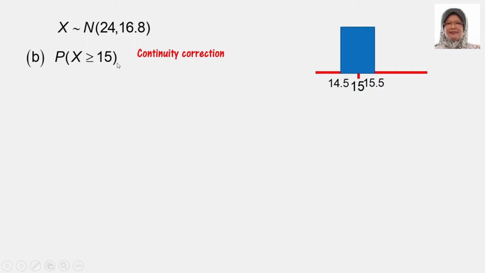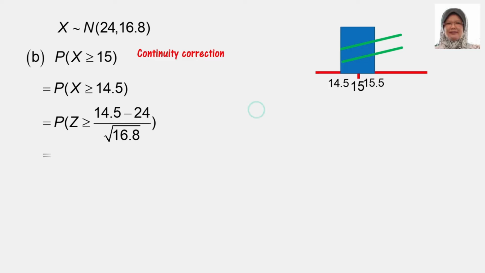P(X greater than or equal to 15) means 15 must be in the answer. If we take P(X greater than or equal to 15.5), 15 is not in our answer, so we take P(X greater than or equal to 14.5) as the answer.